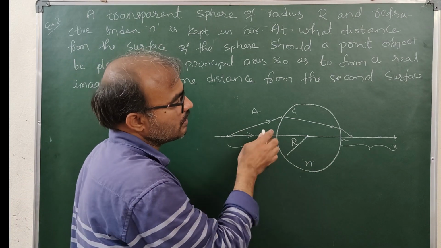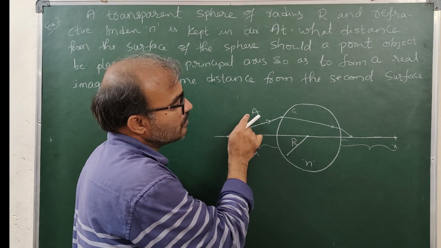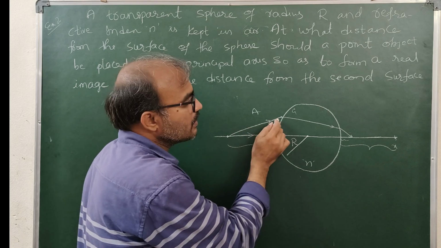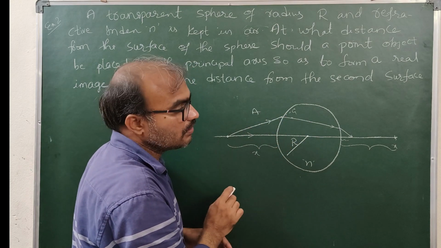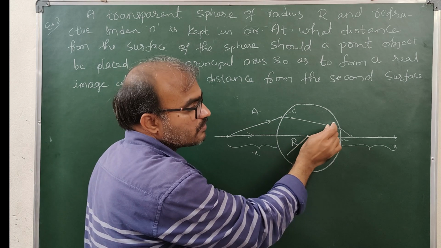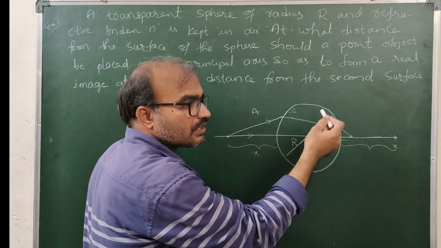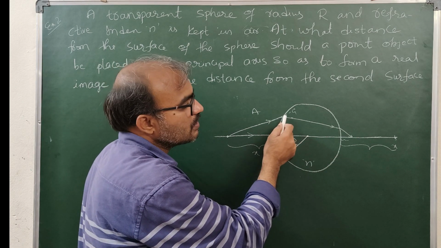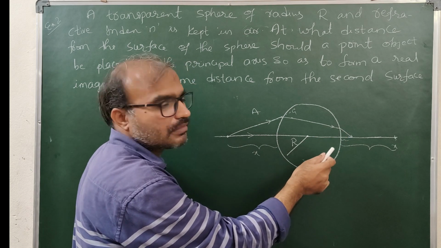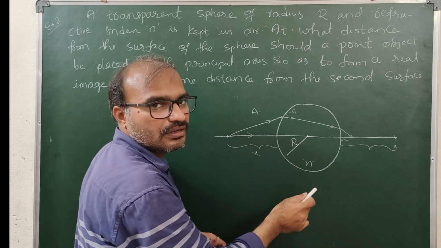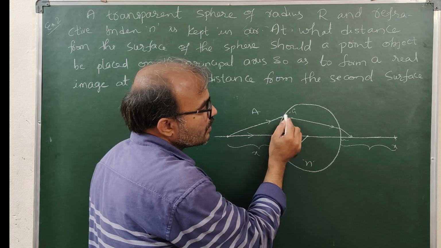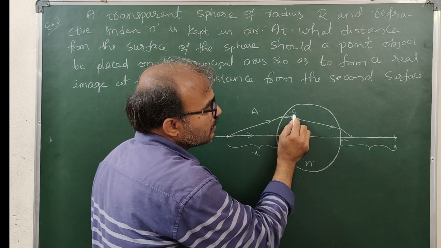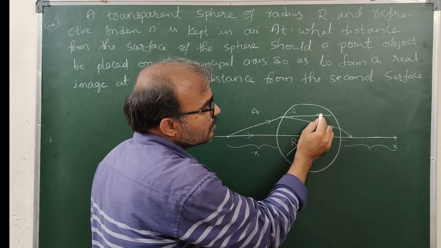So now let us observe here. When the light ray goes from air to glass, it will deviate to some extent from its original path. And when the light ray goes from glass to air, it will also deviate in the reverse direction. Whatever the deviation occurred here, that will be reversed here, because it is air to glass, then glass to air, right? That is why it is possible only when the light ray in the glass is parallel to the principal axis.